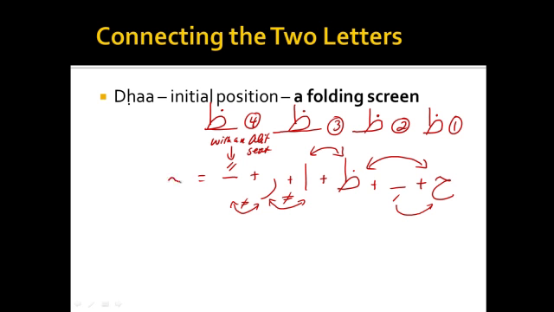So we're going to write the ha here, initial position with kasra. We're going to write our dha in the medial position. Our alif, dha, our ra, and now our fatha tanween with the alif seat. And there we have حضارا, meaning a folding screen. Now let's write this word together.